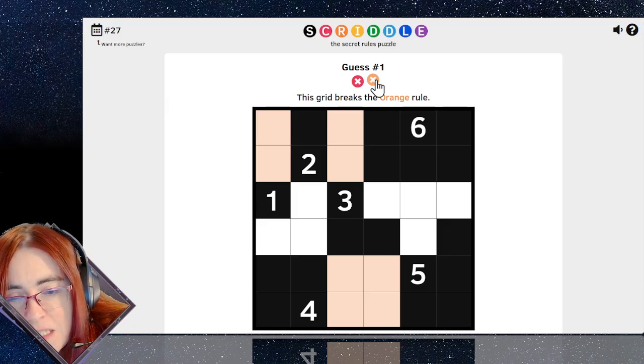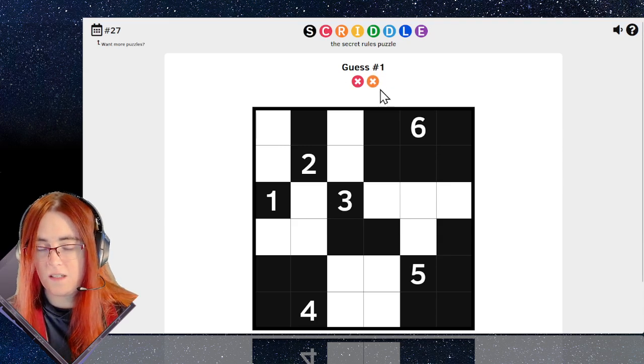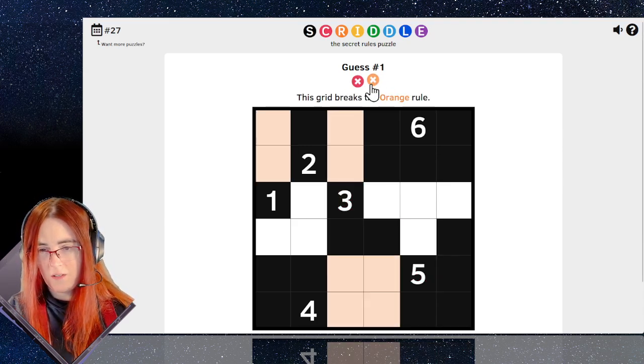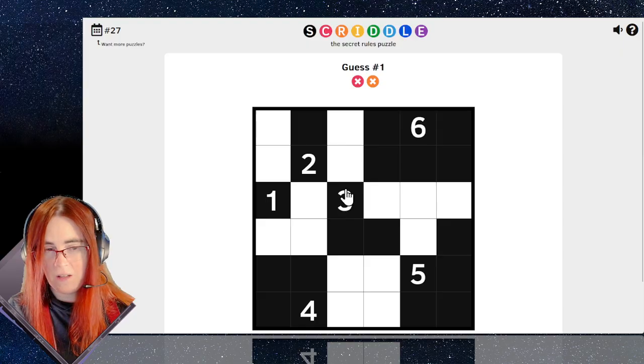Yeah, maybe it's that. What would that look like? So we think the black ones have to be rectangles and the white ones have to not be rectangles. But I'm suspecting that maybe a number is allowed to be in a white area or a black area as long as it's of the right size.